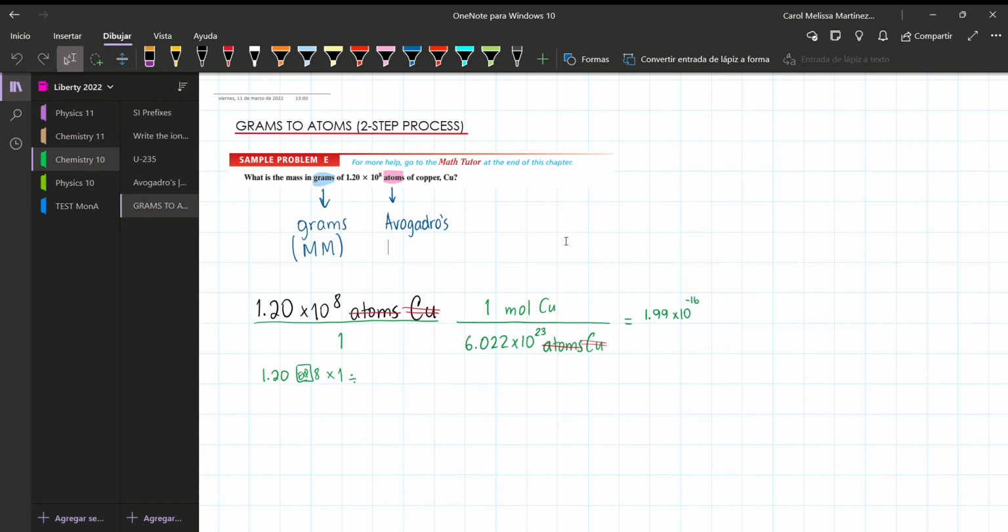And we're going to write the units that we didn't cancel, that are the moles of copper.